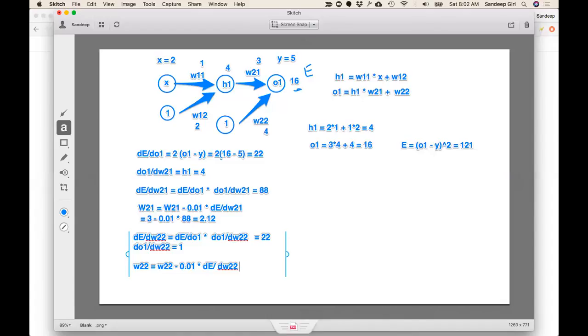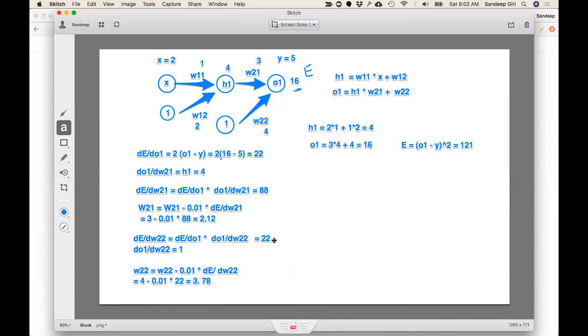I'm relying on Bintao. I'm not computing myself, but anyway, I can put it. So W22 was 4 minus 0.01 into 22, which is 3.78.